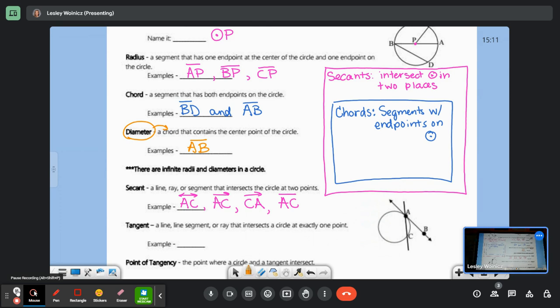Now we said that all diameters are chords, but not all chords are diameters. So in the chord box, I want you to put the last box for diameters. A diameter is a segment with endpoints on the circle that passes through the center.